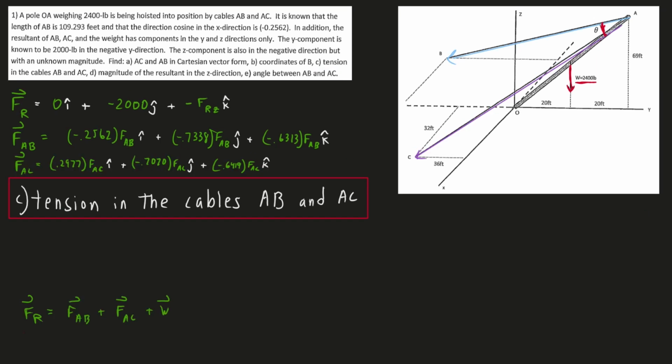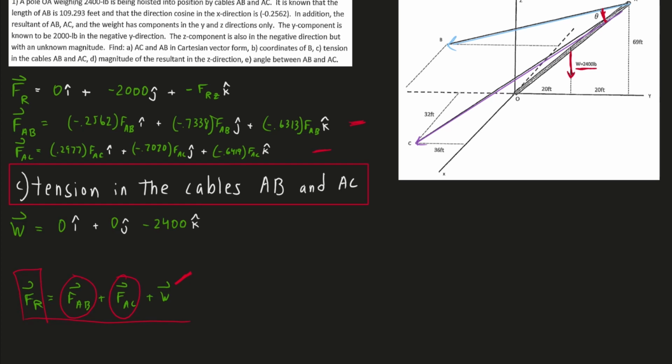So now we want to add up all of our force vectors to get our resultant. We have force AB, force AC, and I can just write the weight vector real quick. And there's that. So now we just have to add up all the components of these three forces.